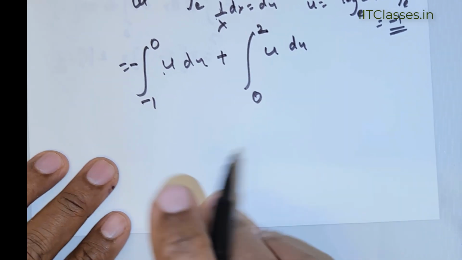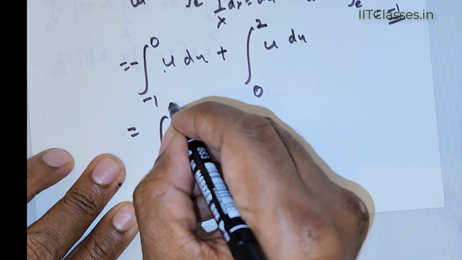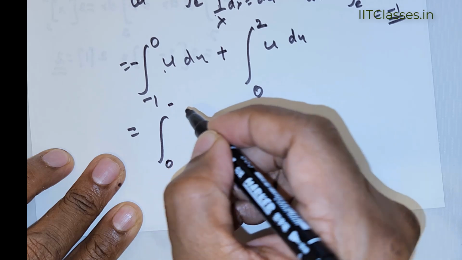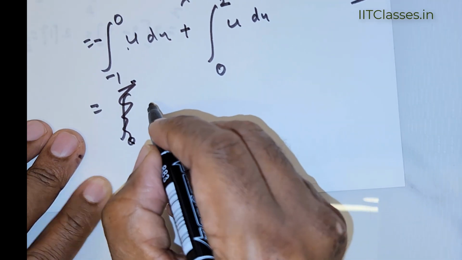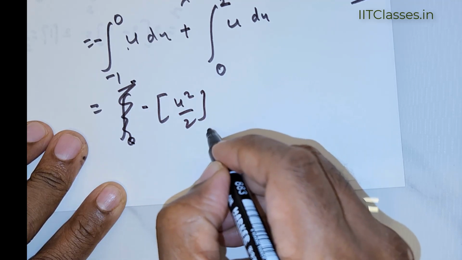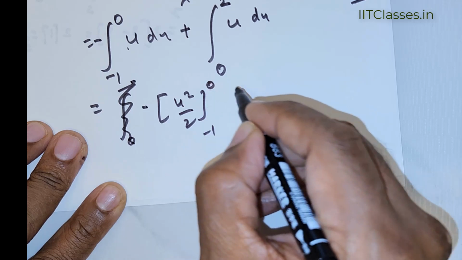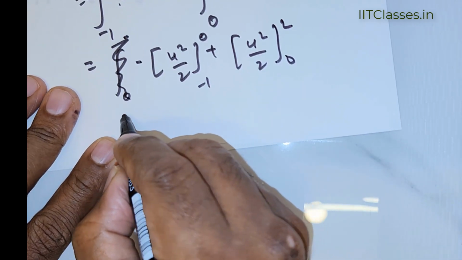Okay, so there's no point in reverting it. So you integrate this. This is u squared over 2, the limits are -1 to 0. Then u squared over 2, the limits are 0 to 2.